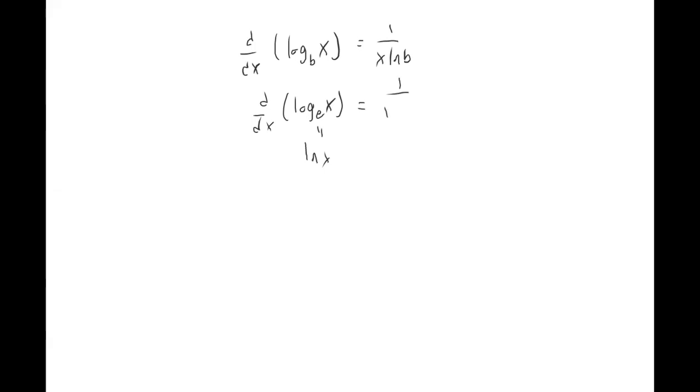This is 1 over x ln e. And what's ln of e? ln of e is 1, so it's just 1 over x.